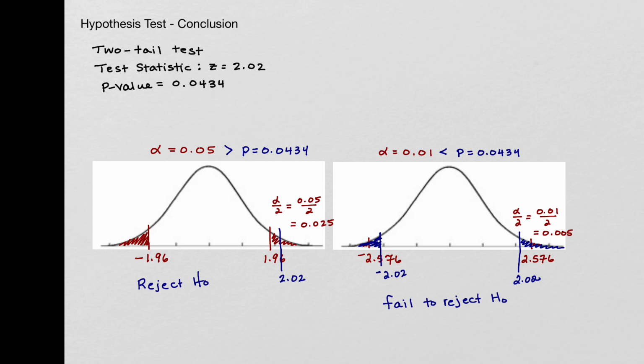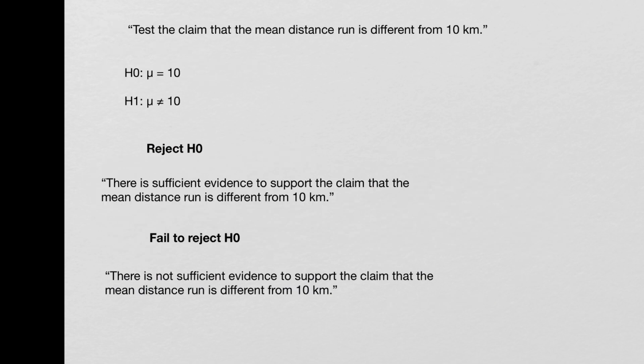Next, you need to write a statement regarding the initial claim. So let's take a look at a problem where we have a claim that the mean distance run is different from 10 kilometers. So in the beginning of the problem, you would write your null and alternative hypotheses. Your null hypothesis would be that the mean, or mu, is equal to 10, and the alternative is that mu is not equal to 10.